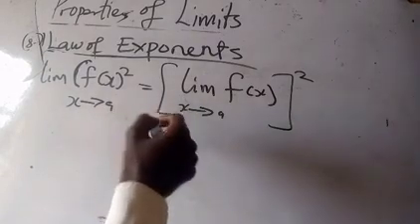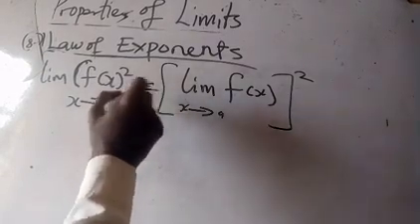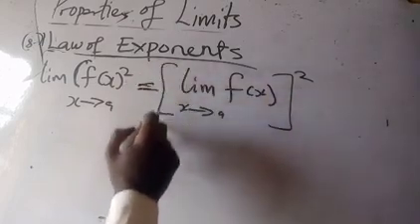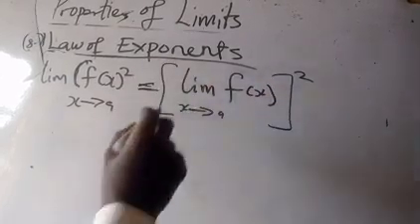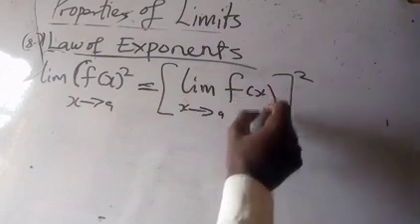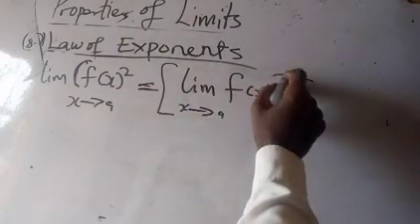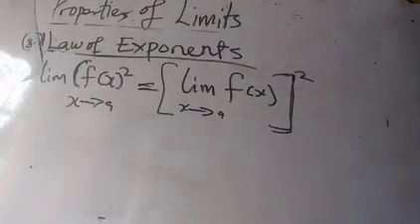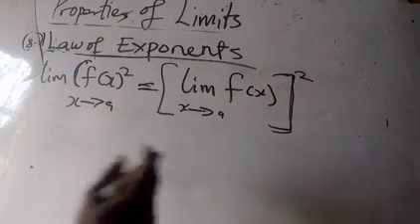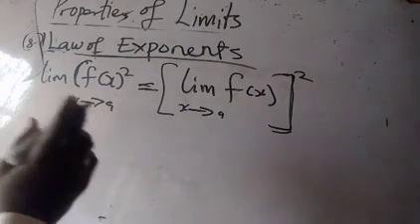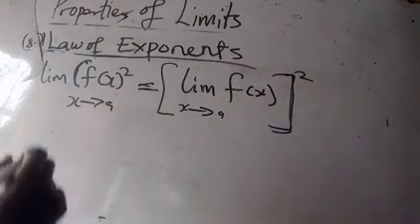It is going to be equal to brackets, that is parenthesis, limit of f of x as x gets to a, all brackets. Okay, let's look at this example to explain this properly.